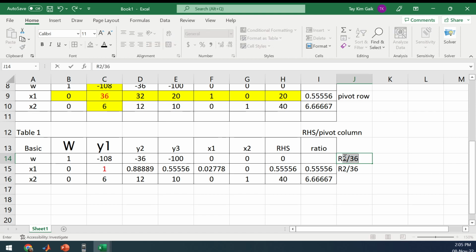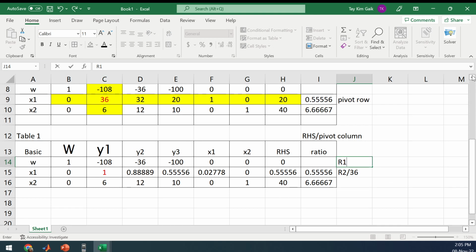So the new row 1, the operation is you take the previous row 1, negative 108, so you need to plus 108 times the new pivot row. New pivot row, I denote R2 prime. Meaning R1 is the old row 1 plus 108 R2 prime. This R2 prime is actually R2 from Table 1.